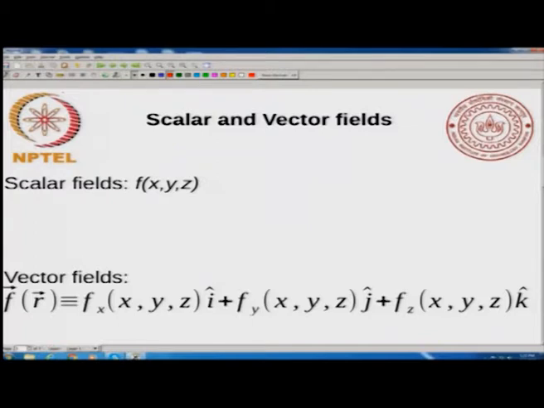That means you give x, y, z to the function, and what you get is a real number. A real number if it is a real function, or a complex number if it is a complex function. But essentially you get a scalar.